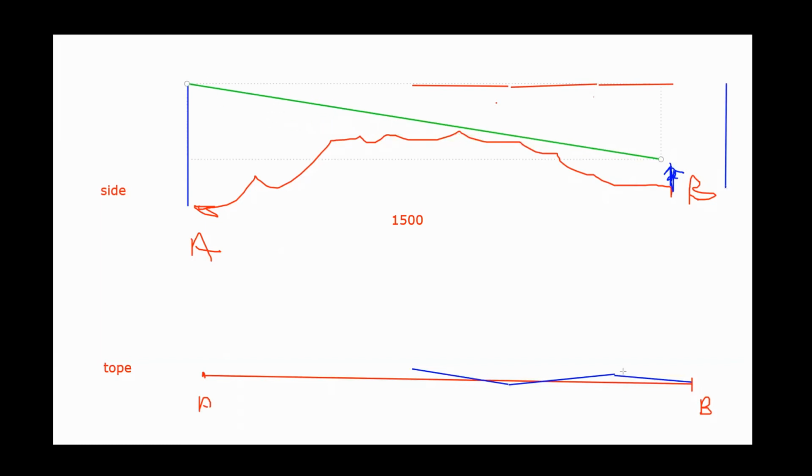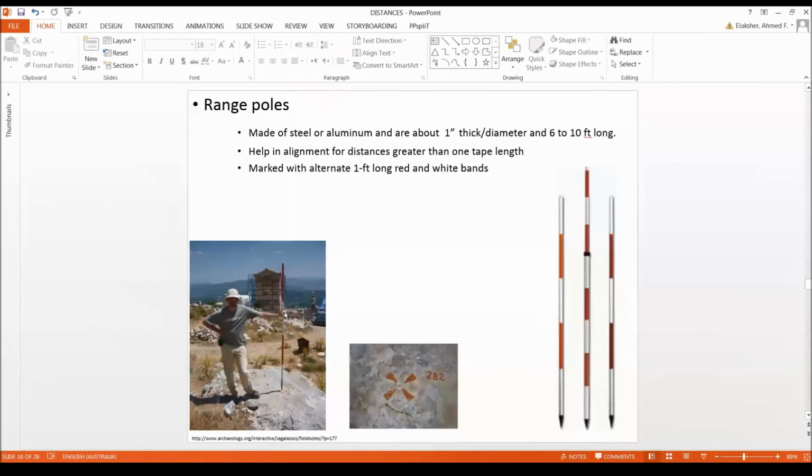Instead of going all the way out of the line, you will be in the line. Then when you are somewhere around here, taping, you can look all the way up and see where B is, so you can align your line better. That's why they are made that high.